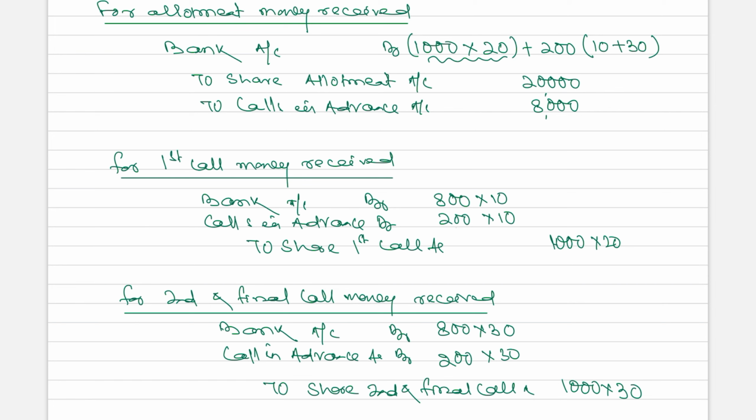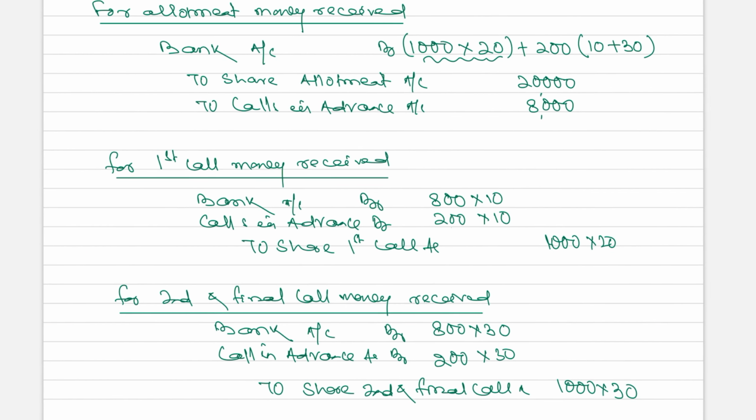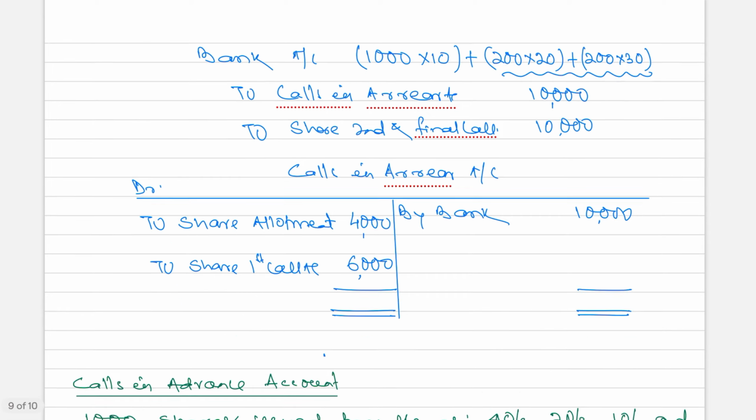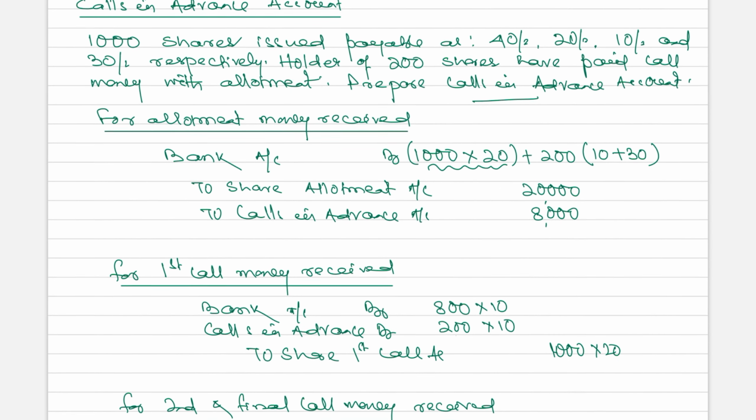Right. So now let us prepare the calls in advance account. First entry was bank account debited, to share allotment account, to calls in advance account.